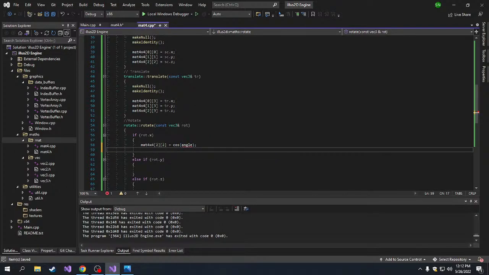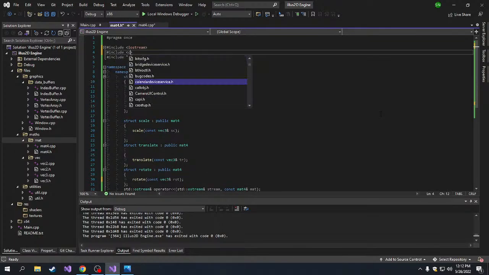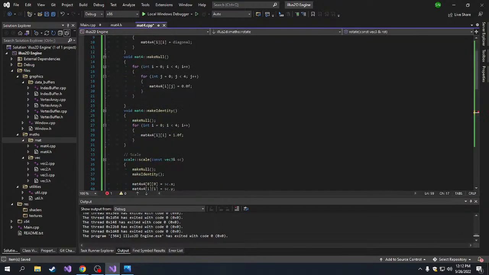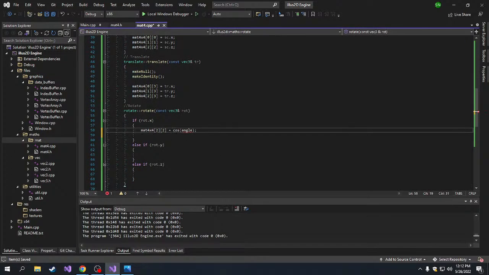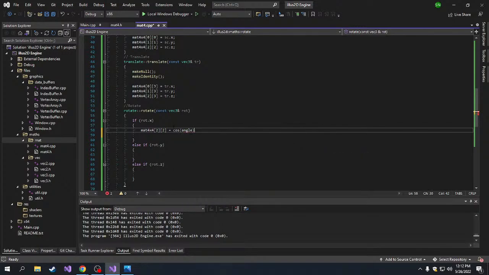Okay, it's an angle. Of course, we don't have these functions yet. We'll have to go see math for it. Hopefully we should be able to use this. We have the cos function and the angle, which we will have to take in from the unit.